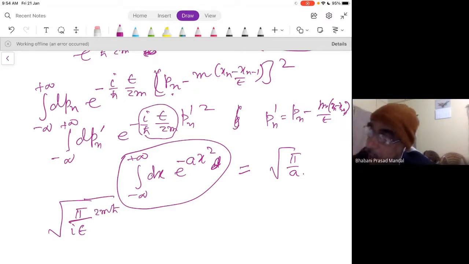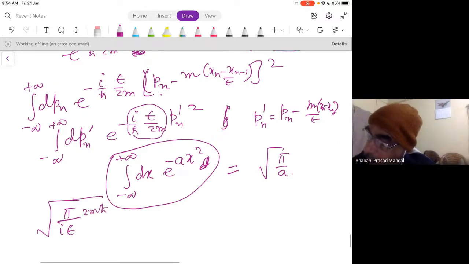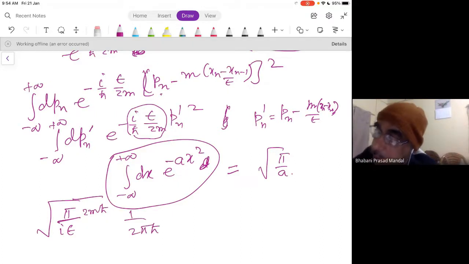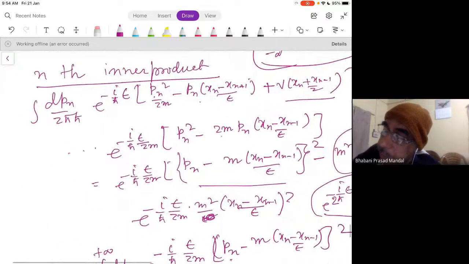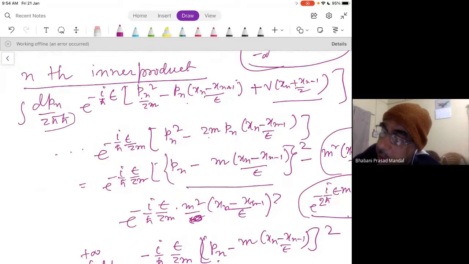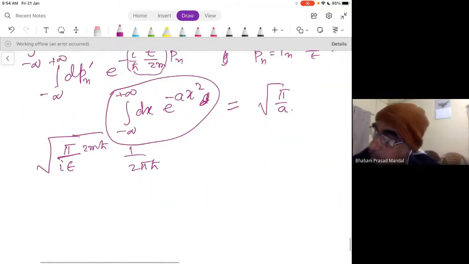And remember, I have a factor of 1 over 2 pi h cut in this. I'll combine it with this.